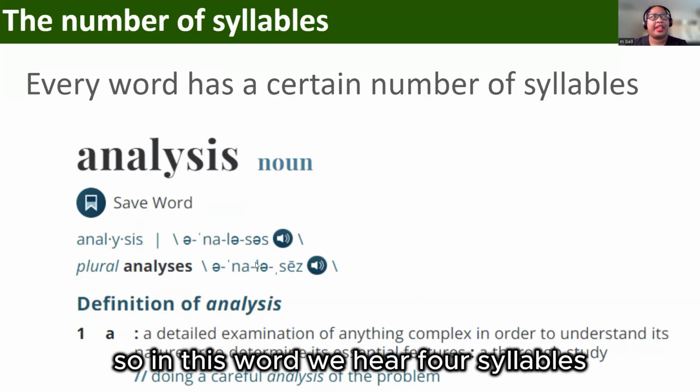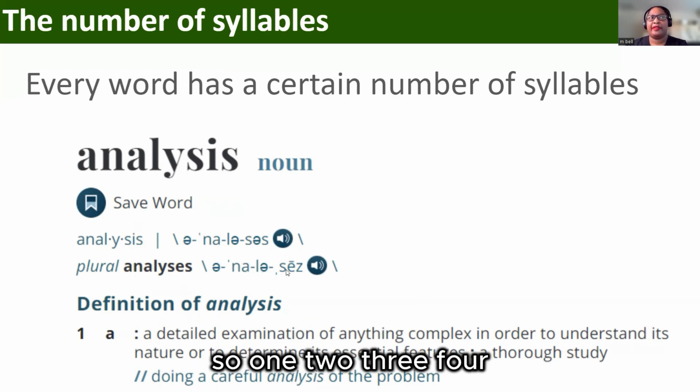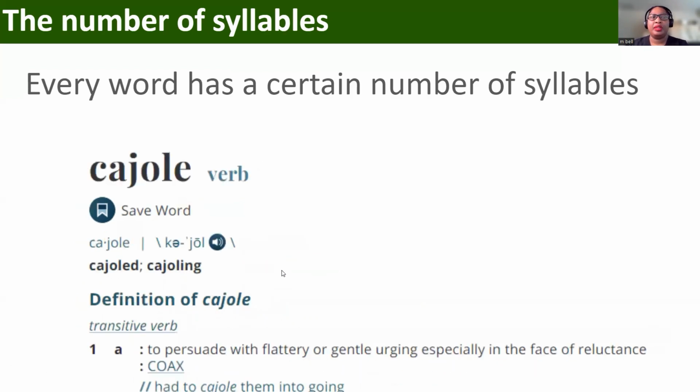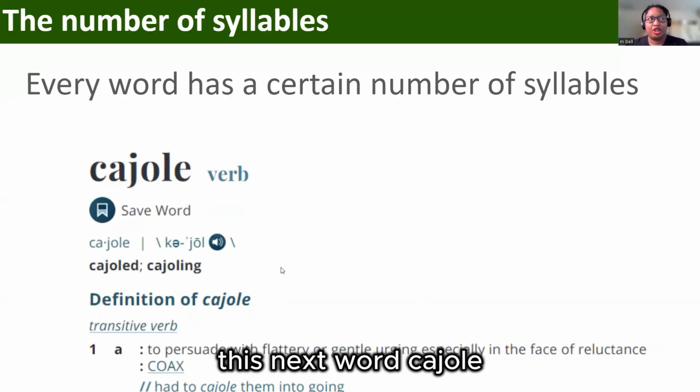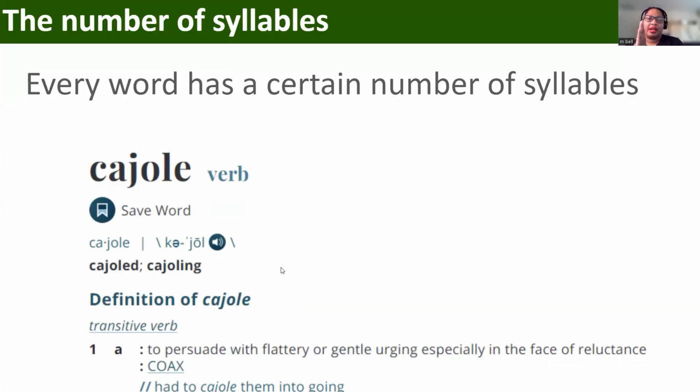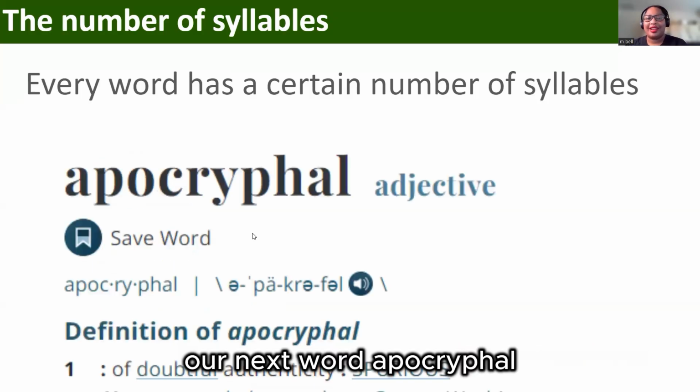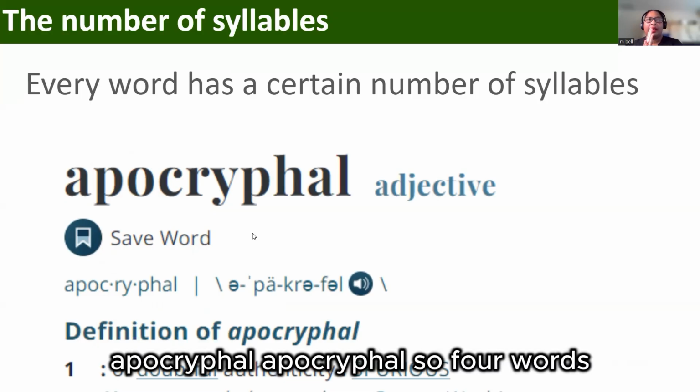In this word, we hear 4 syllables. 1, 2, 3, 4. And this next word, cajole. Cajole. 2 syllables. Our next word, apocryphal. Apocryphal. So 4 syllables.